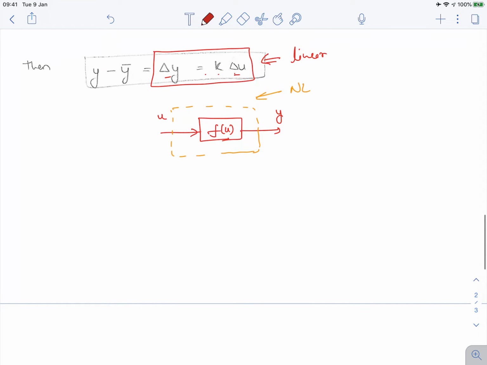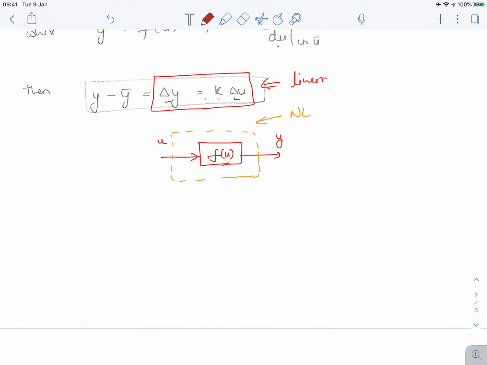Now by the idea of linearization, we want to plug in this u bar, and similarly let's plug in this y bar.